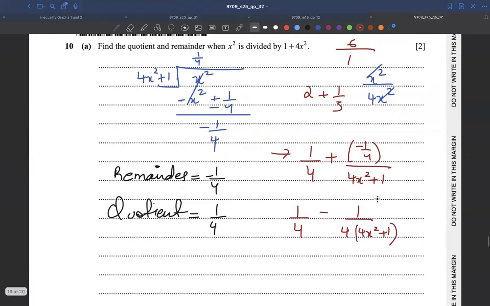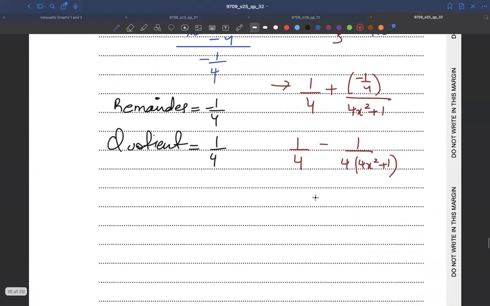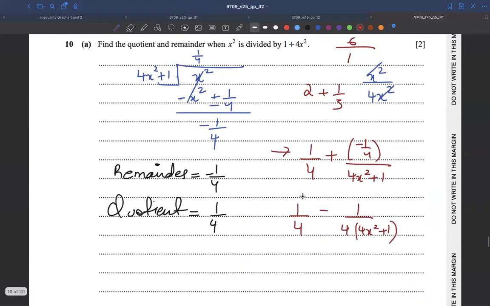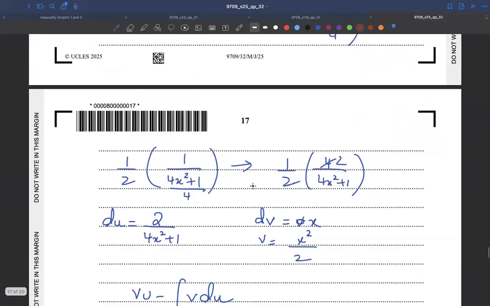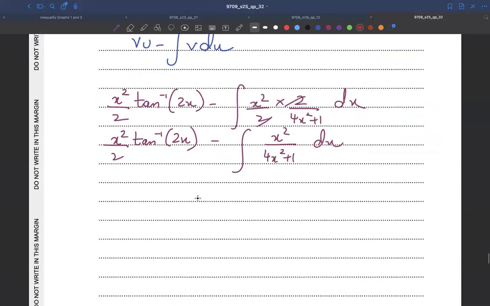All right, so we'll get this in place of that expression. In place of this expression, we can write this term later on.